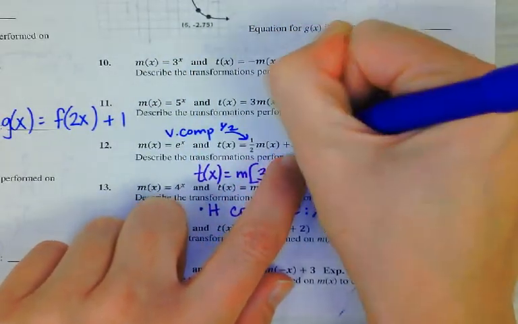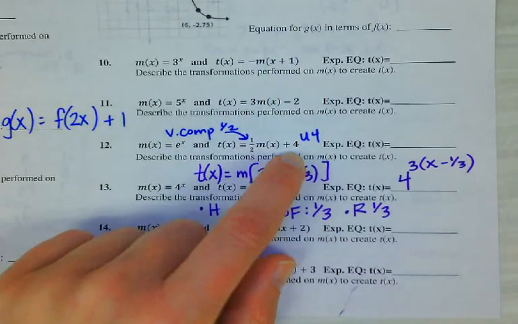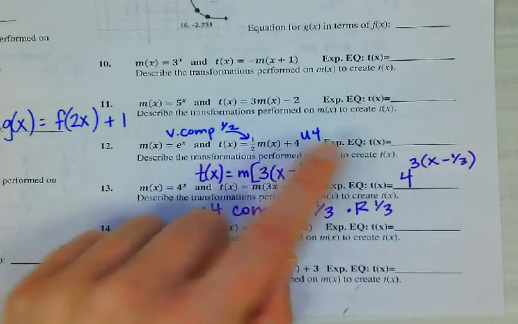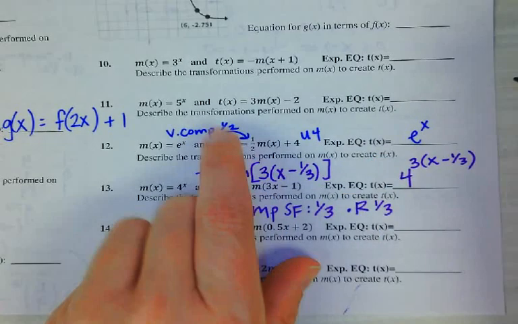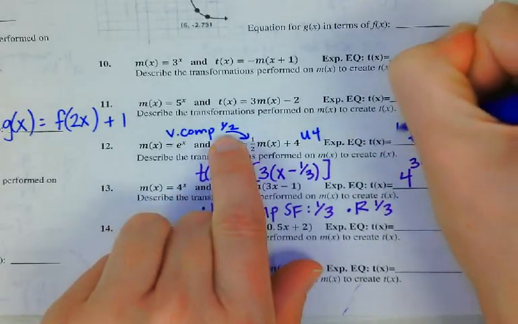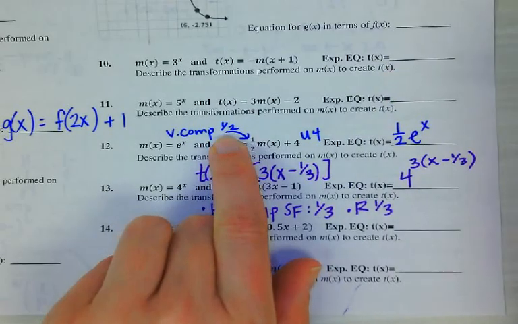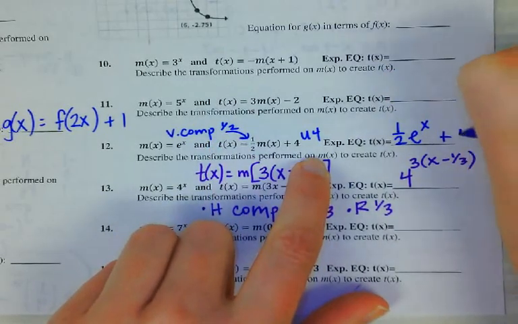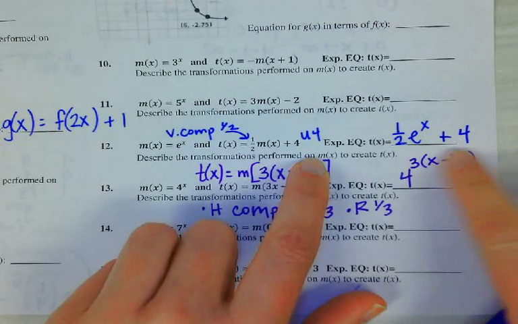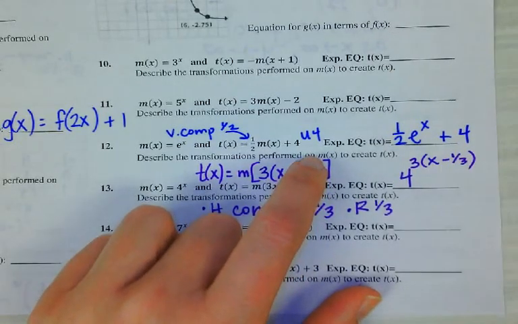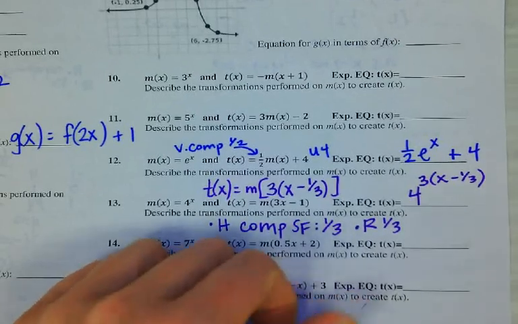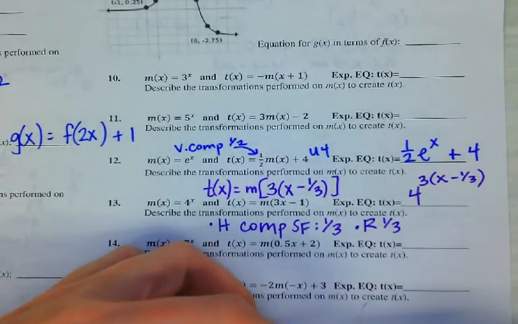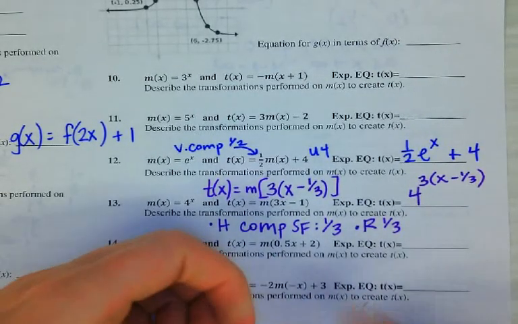Plus 4 at the end is going to be shifting my graph up 4. And so when we go to write that equation, it was e to the x, but if it gets compressed by 1/2, we're going to put a 1/2 in front. If we want to shift it up 4, we're going to clearly put a plus 4 at the end that is not part of that exponent. And then that's it. So that's kind of different ways I could ask you about these.